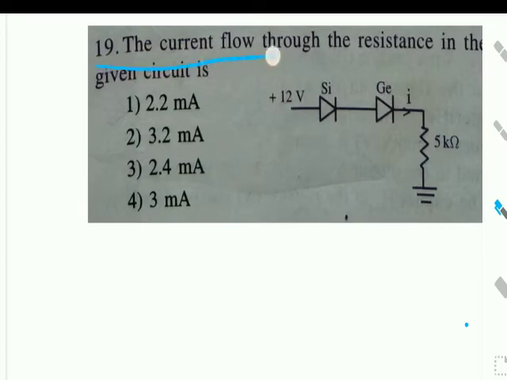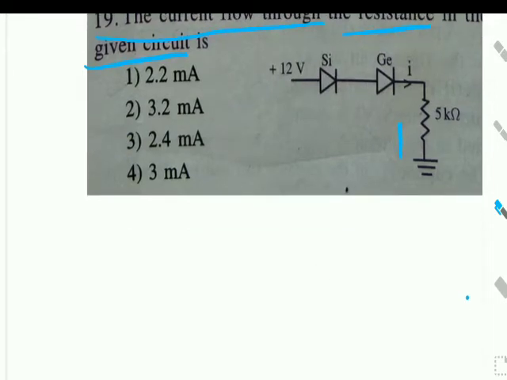The current flow through the resistance in the given circuit is. Current flow through the resistance. Okay, here given silicon and germanium, two diodes, a voltage, this is ground 0, positive side 12 volts.